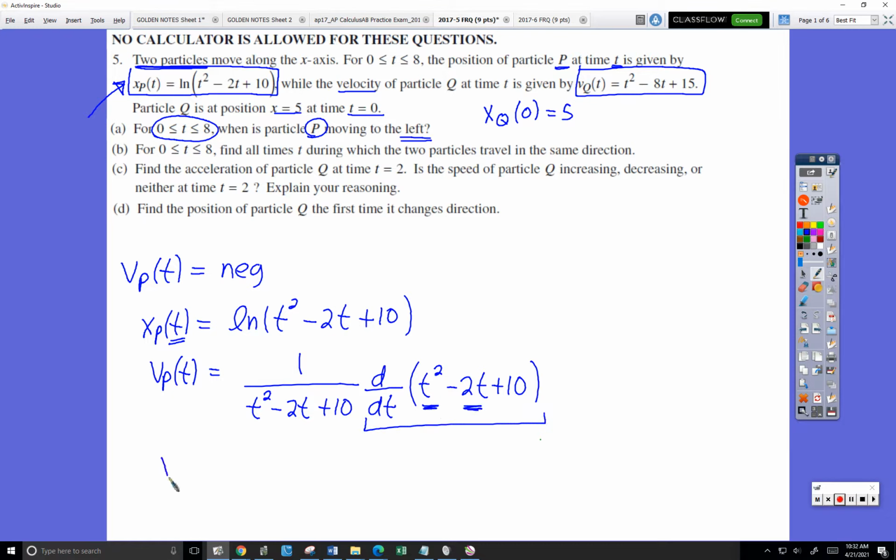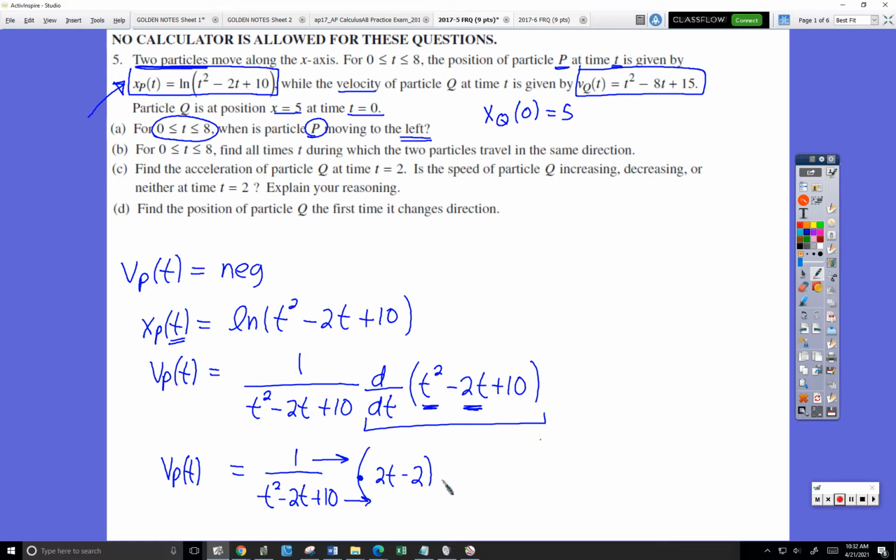So now I get my formula for v of p would be 1 over t squared subtract 2t plus 10 multiplied by, I like parenthesis better, 2t subtract 2. But when fractions multiply, it's top times top, bottom times bottom.